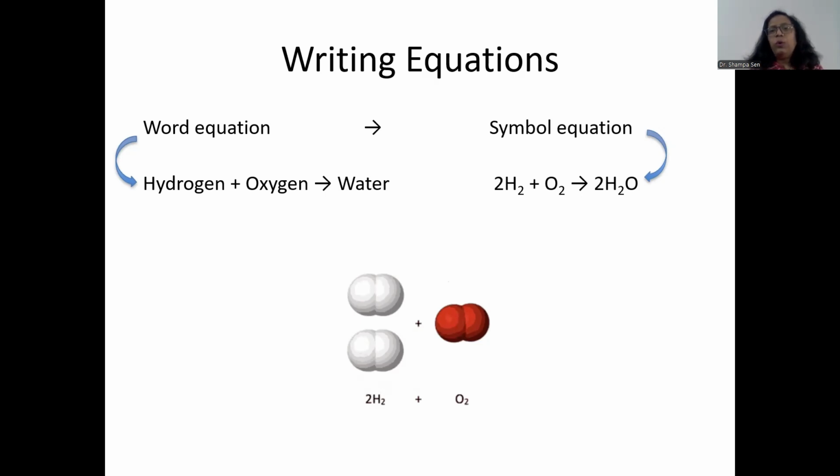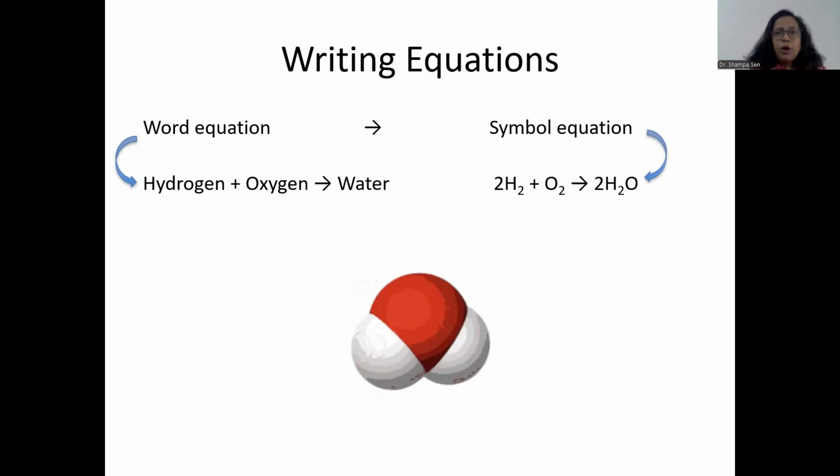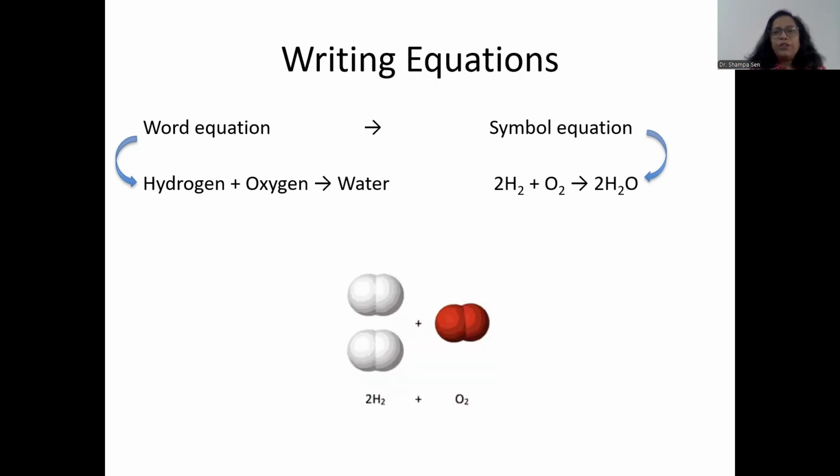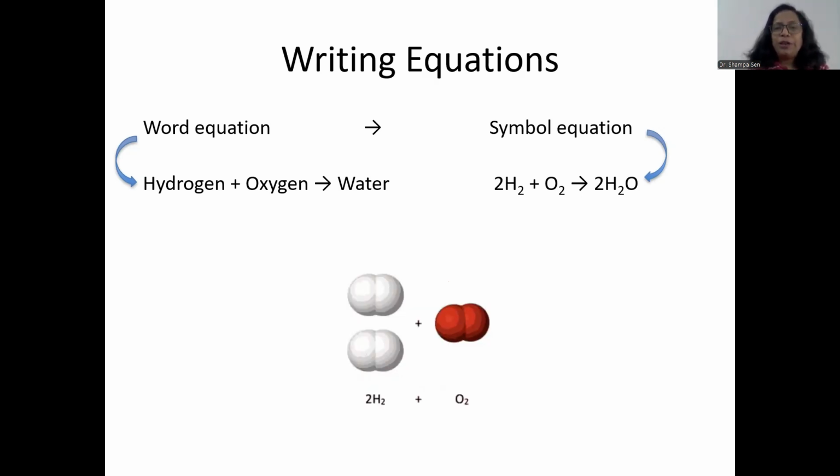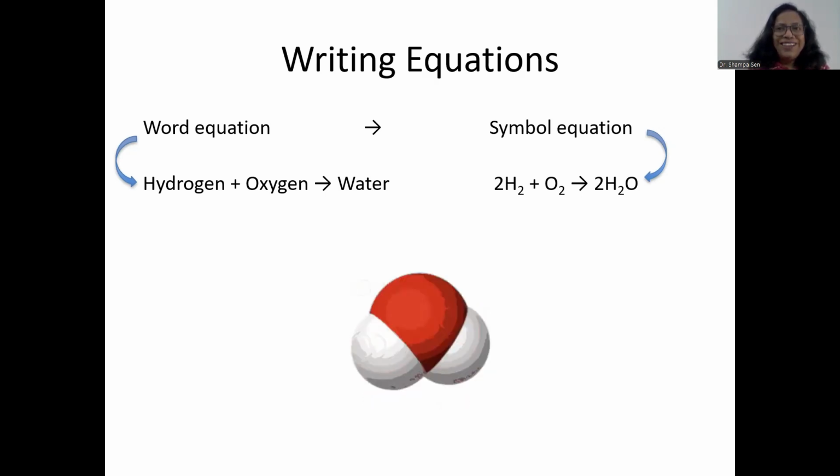Why these twos are there, we will come to know soon. And it's not molecules, actually two moles of hydrogen reacting with 1 mole of oxygen giving rise to 2 moles of water. We will discuss all these things a little later, but definitely it's an easier way and the correct way to write chemical reactions. It's chemical equations now, right?